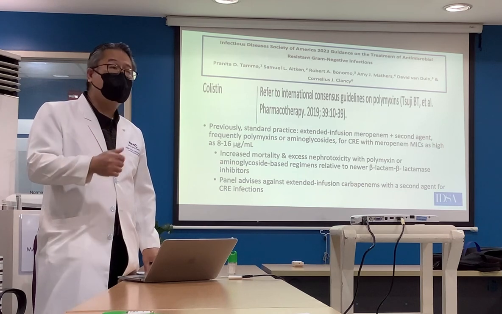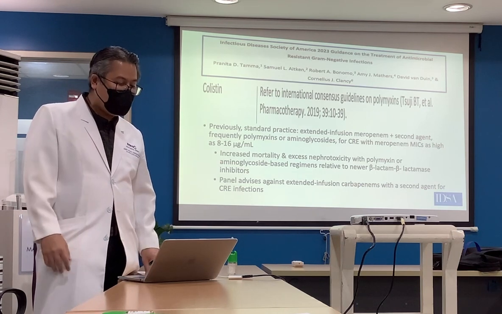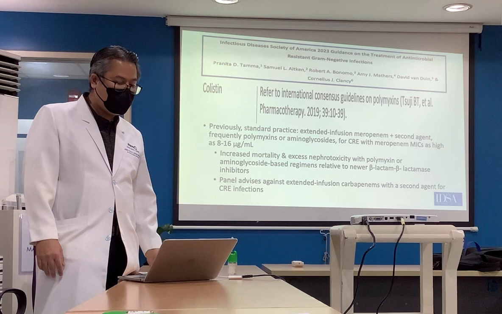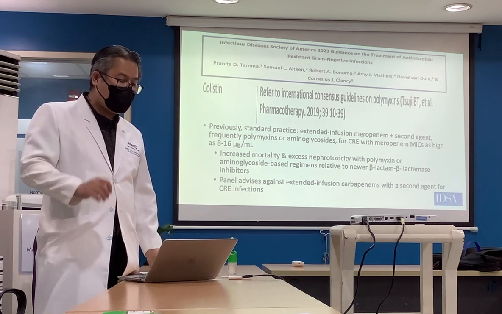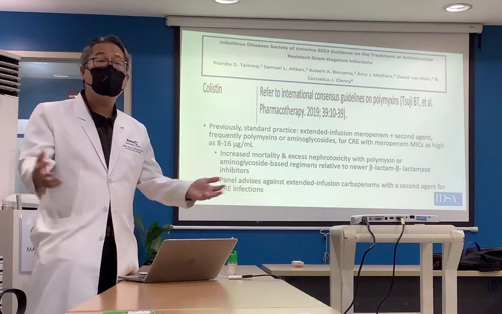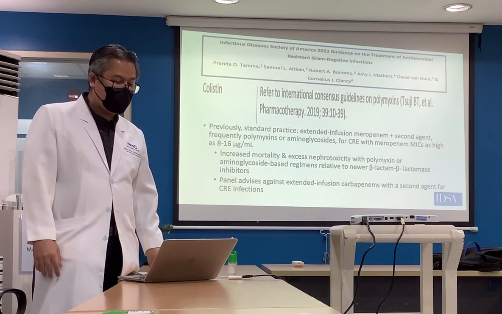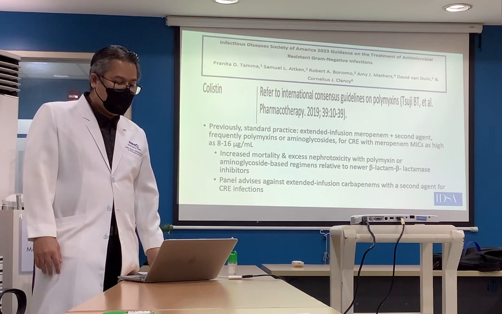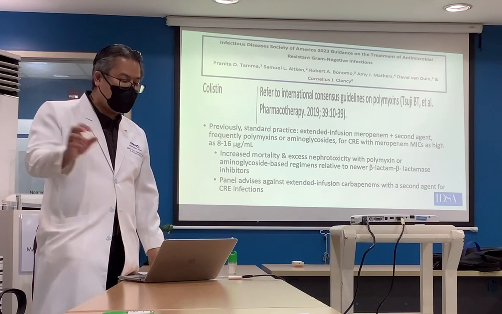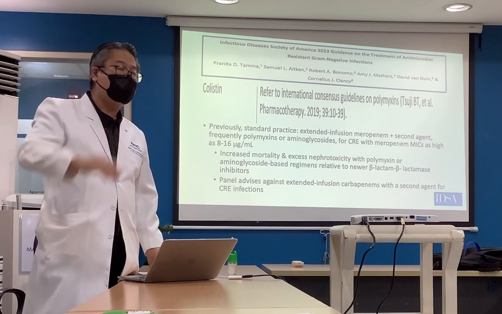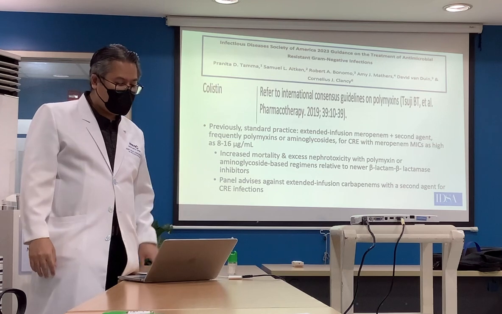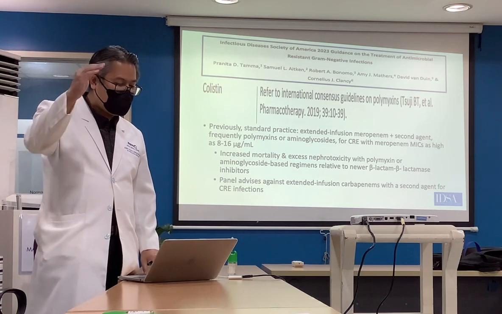However, because of increased mortality in the data and excess nephrotoxicity with polymyxin or aminoglycoside regimens, and we know that they do have higher nephrotoxicity compared to beta-lactams, maybe that's the reason why they went a little bit downward from the forefront. And we shall see where their place is now.